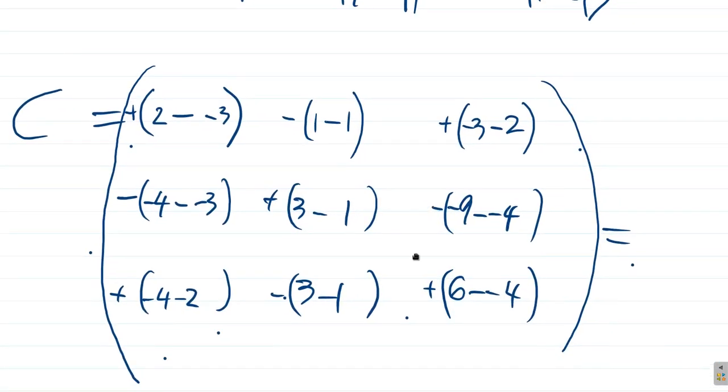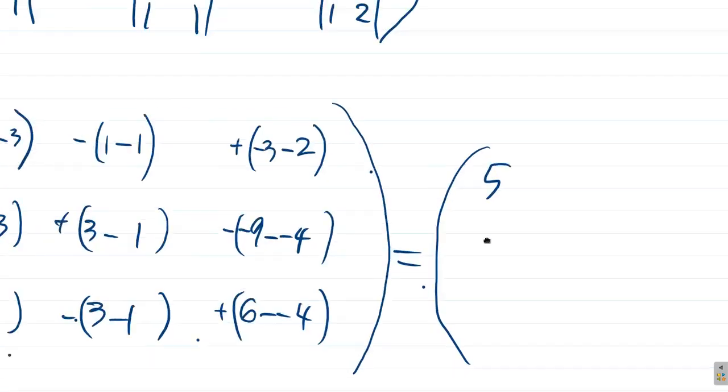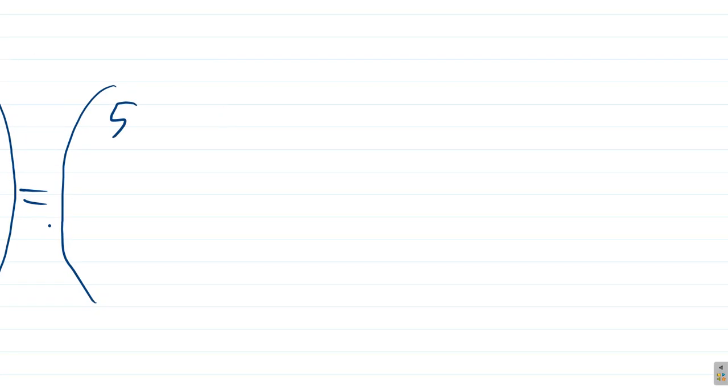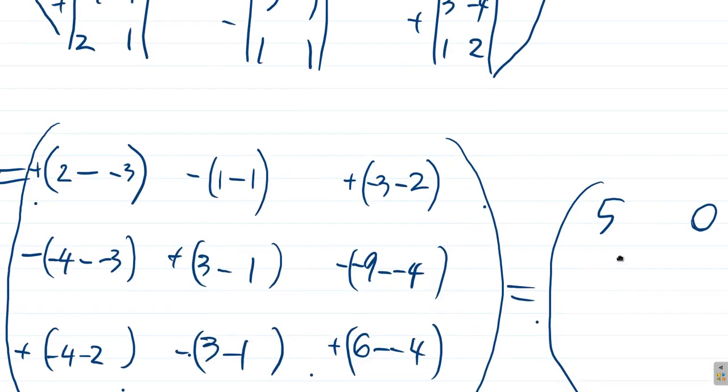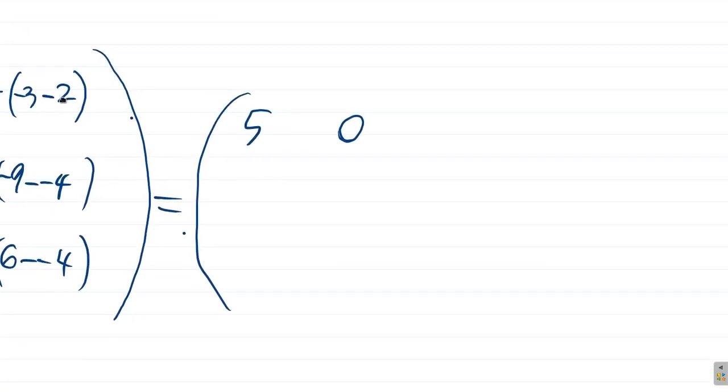and then 2 plus 3 is 5, so we're going to have 5, 0. This is going to be 0. I'm looking at that, I see a 0. This one is what? Negative 5.